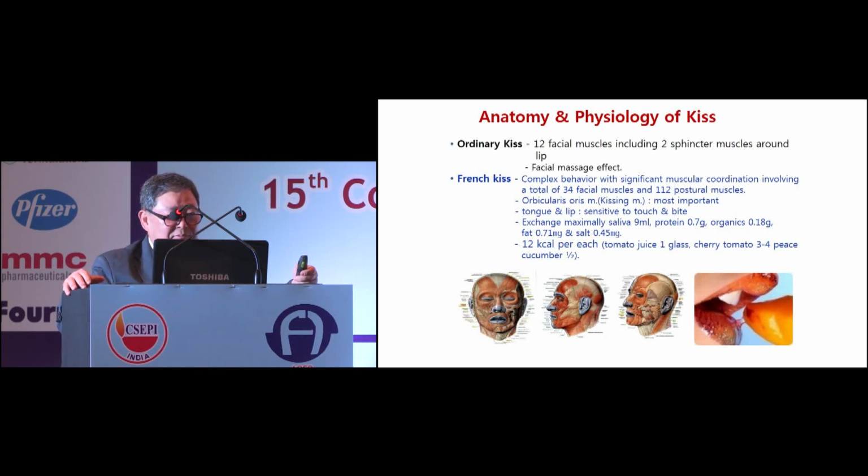On the energy consumption aspect, 12 kilocalories per kiss is a similar level to 1 glass of tomato juice, 3 to 4 cherry tomatoes, or half a cucumber. So energy consumption is very low, but we can understand it.